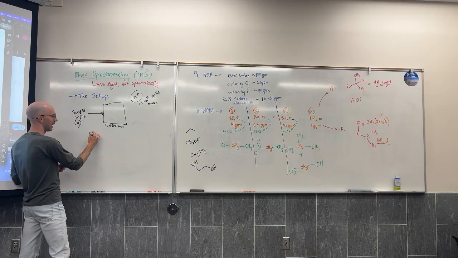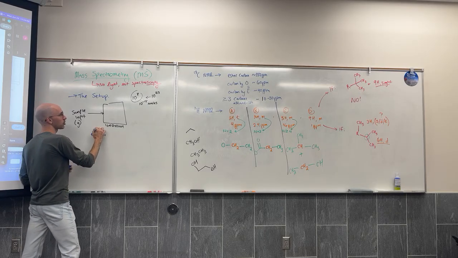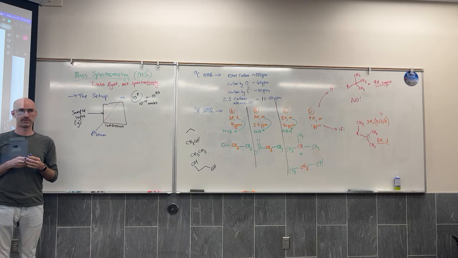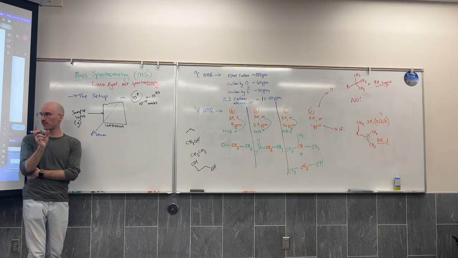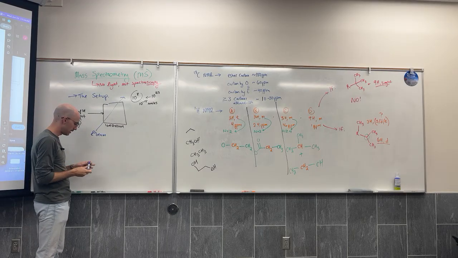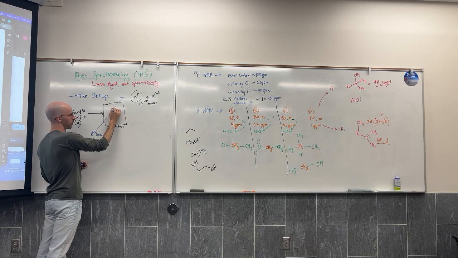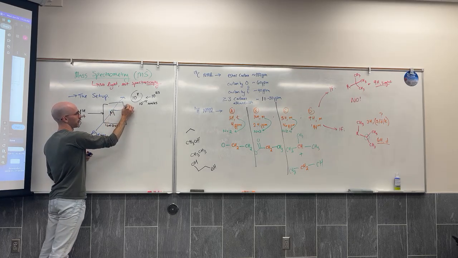I like to think of it as an electron BB gun. We shoot this electron beam at the molecule. And this electron beam has just the right energy to take an electron off of my molecule and eject one of them.